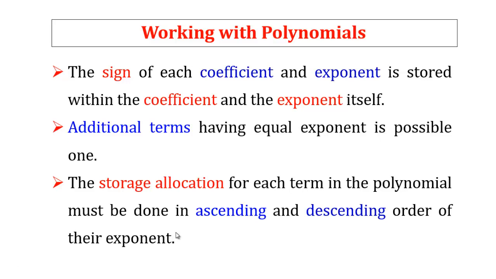Which is the first one? Based on descending order, the term having the highest power comes first: 10x^5 plus 10x^3 plus 10x^2 plus x plus 1, like this it goes on. That we call descending order. Ascending order is x^2, x^3, x^4, x^5, like this it goes on. That is ascending order, which is used for storage allocation.